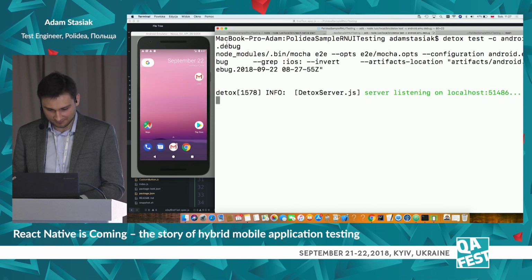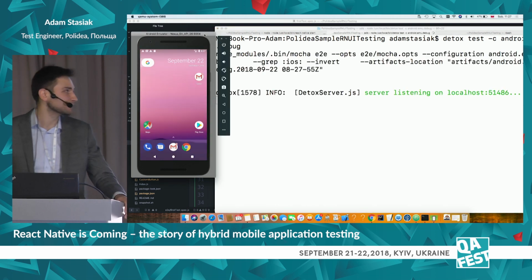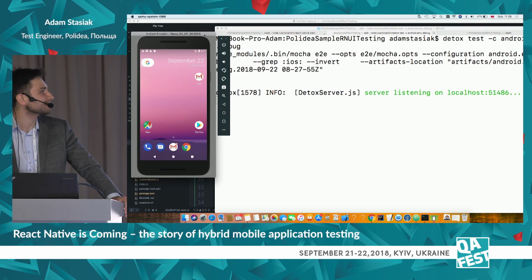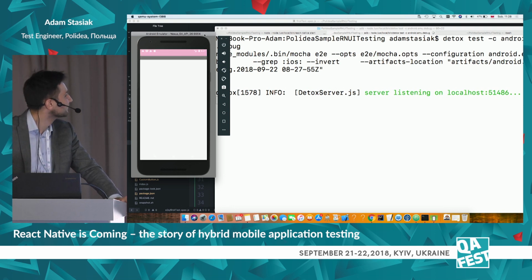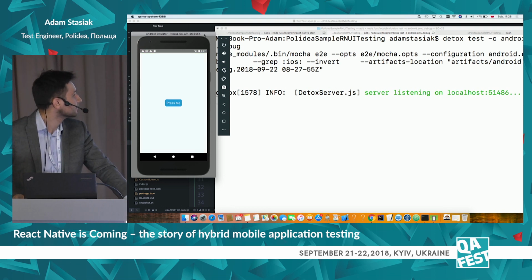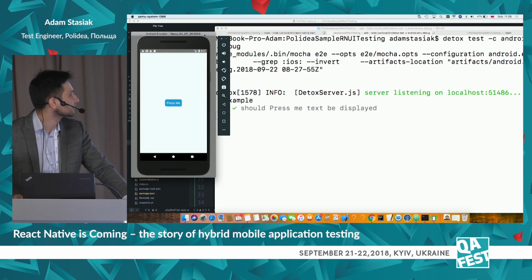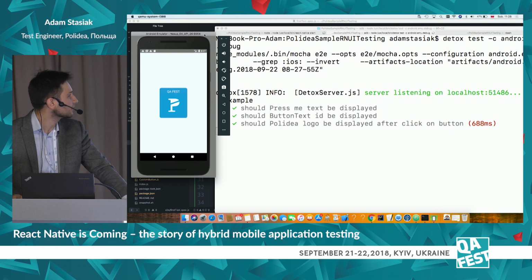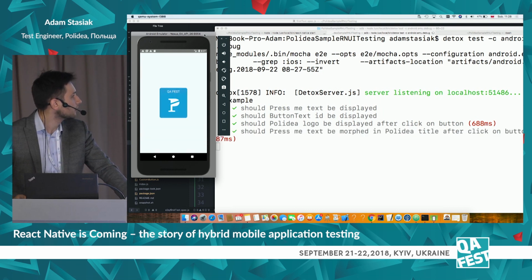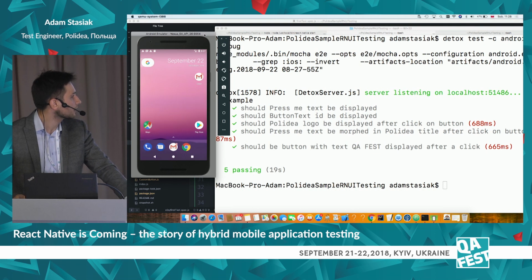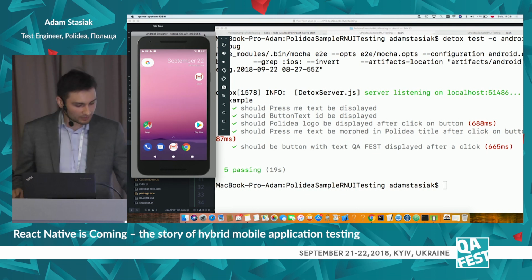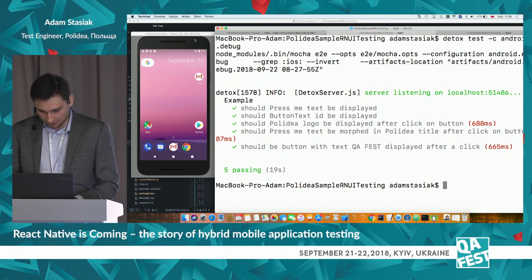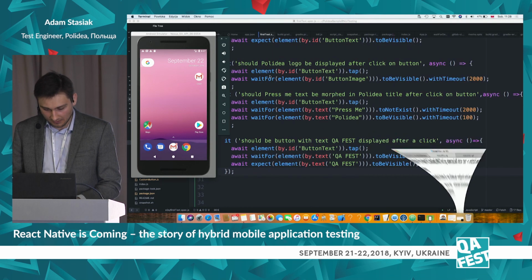Let's check this. Probably something will go wrong, but I hope it will work. Okay, you see that our tests are going quite fast. Okay, so we passed our expectation.